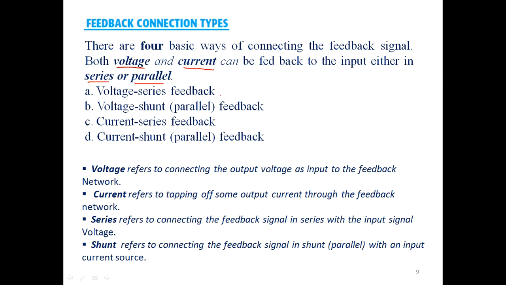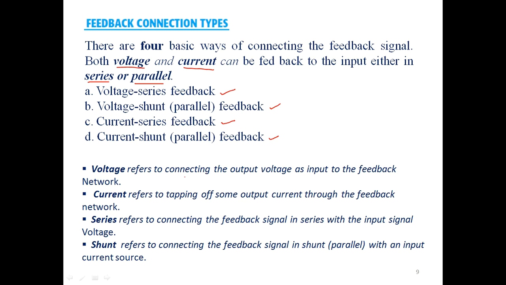The first one is called voltage series feedback. The second one is called voltage shunt or parallel feedback. The third one is called current series feedback, and finally the fourth one is called current shunt or parallel feedback. So altogether we get 4 such feedback combinations.